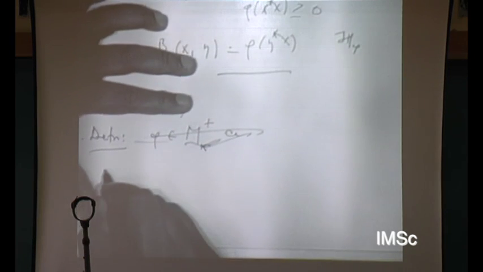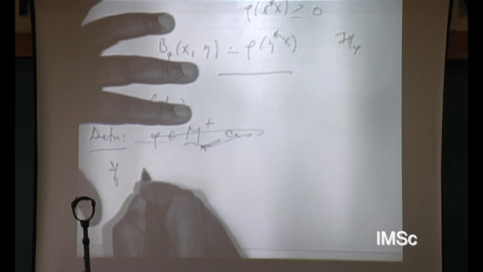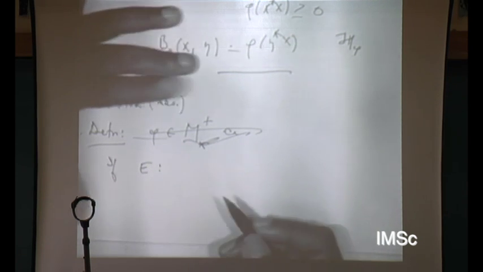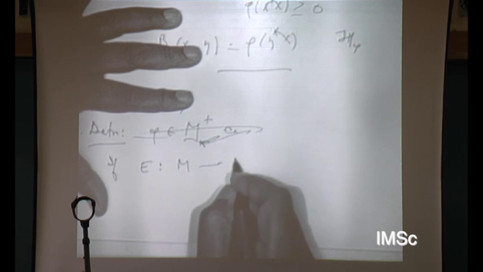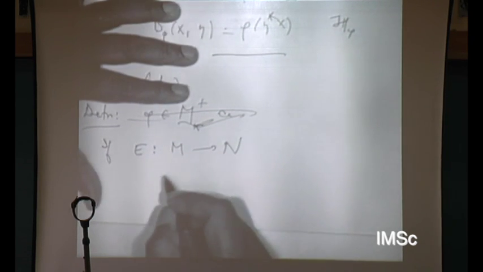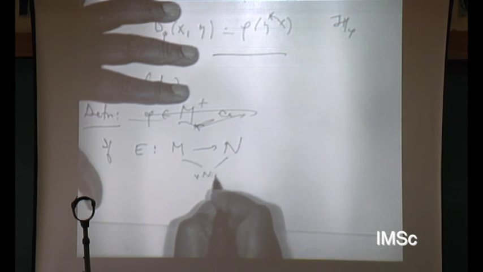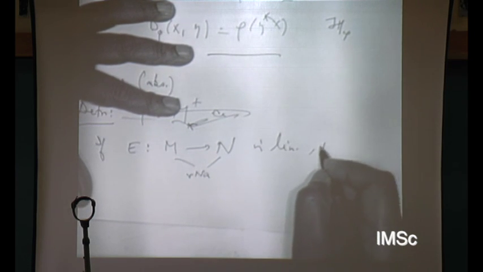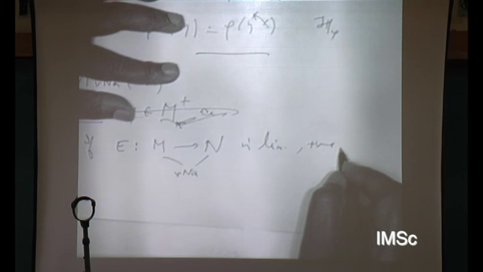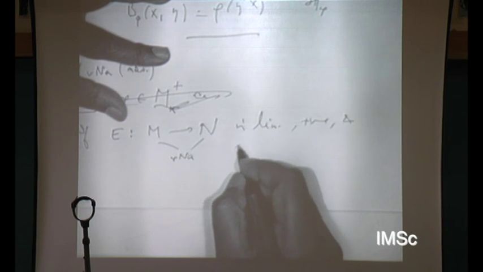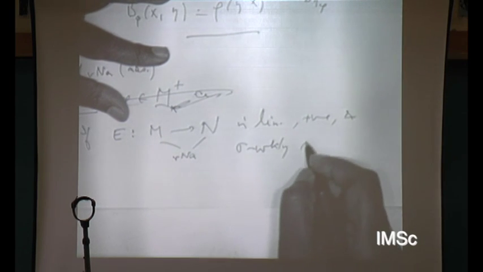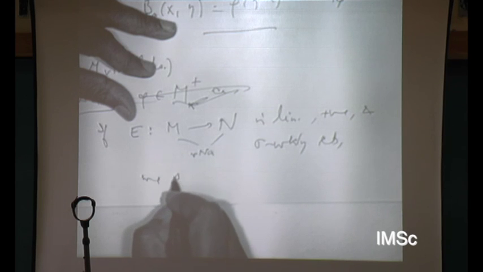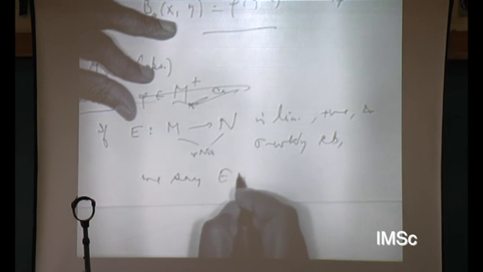Let me put it this way: suppose you have a map E between von Neumann algebras, M to N, that is linear, positive, and sigma weakly continuous. We say E is normal.